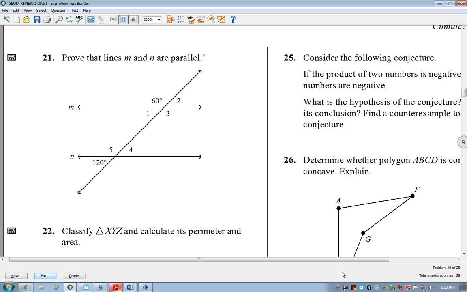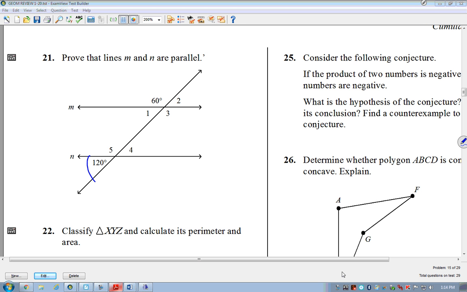21, prove that lines M and N are parallel. What they're looking for should be the theorem or postulate. Actually, this is going to be a little bit beyond that. There's a number of different ways to do this. For instance, I know that this angle here, oh man, that's a mess.